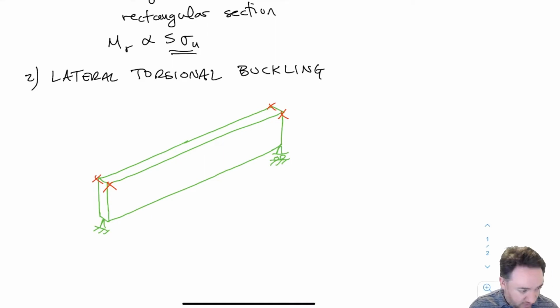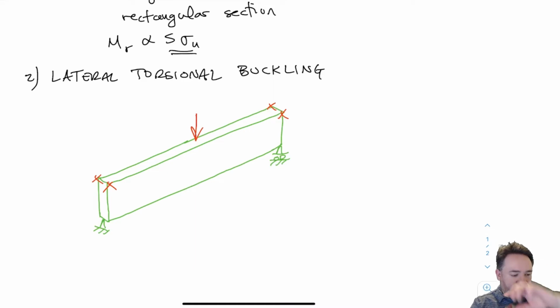But first of all, I've drawn this green beam straight up. When I add a load to it, I'm going to add a load in the center here. And those little X's are just indicating that it is laterally restrained at the end. So here it's like I have restrained the top. So it's sitting on a pin, so it's restrained at the bottom. And then I will also restrain the top so that the top can't move laterally like this.